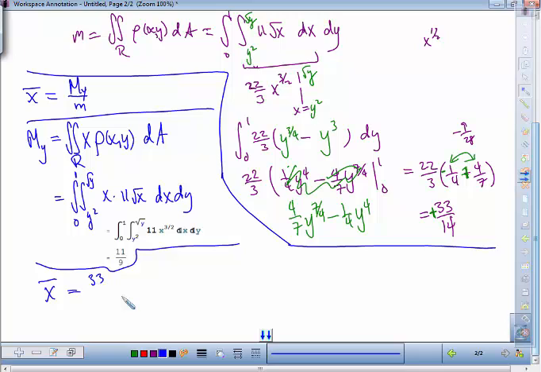Yeah. 11 over 9 divided by 33 over 14. So, what is it? Try and do it in my head, and my head's getting tired. 27 over 14. That doesn't look right. 14 over 27?